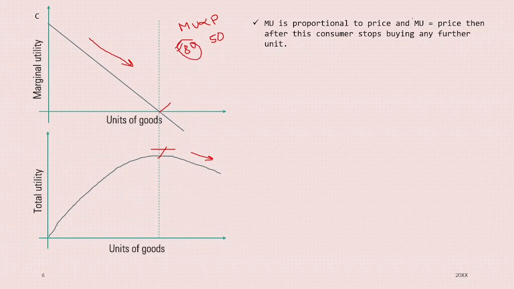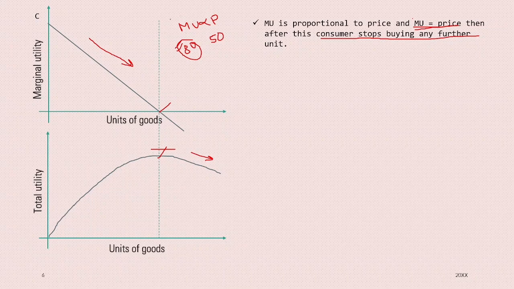But it should also be remembered that when marginal utility becomes equal to price, then after that, when price is more than marginal utility, the consumer stops buying any further. Obviously, because the utility is less and price is more, he will think that it's overpriced. So this is also important. Remember this.